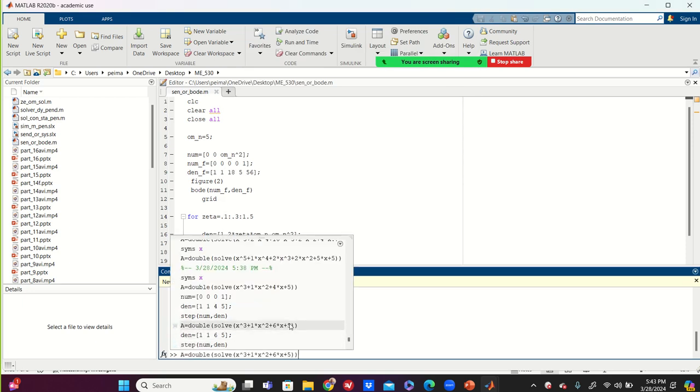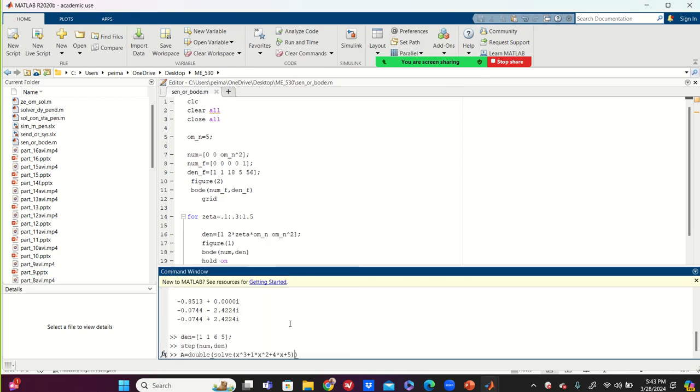Okay, let me show you exactly as it is. Here we go, I'm just putting solve. See what we get. Can you read it? Double changes it to numerical numbers. See what I'm saying? If you say 1 and 1, it shows this again.